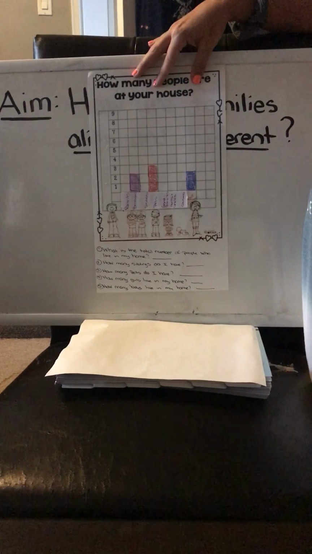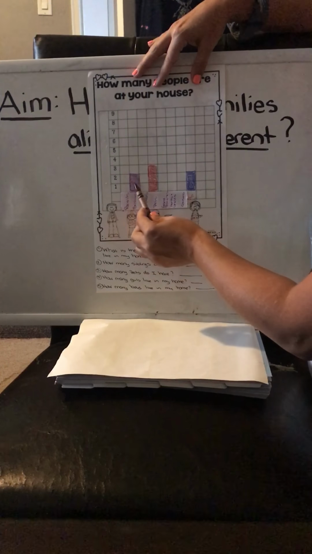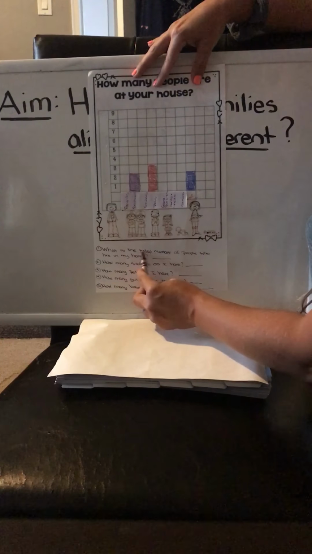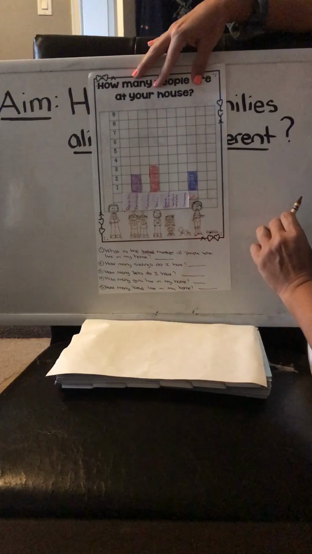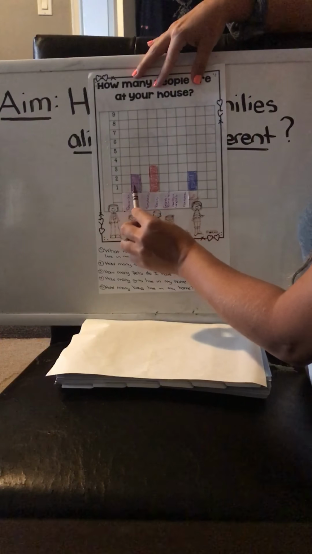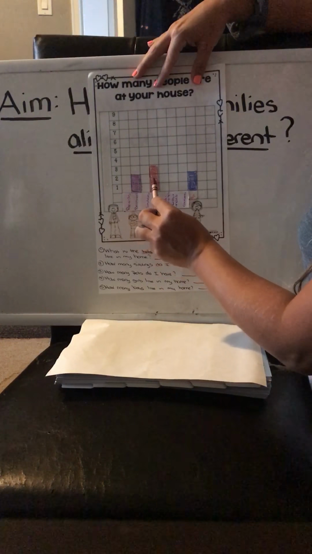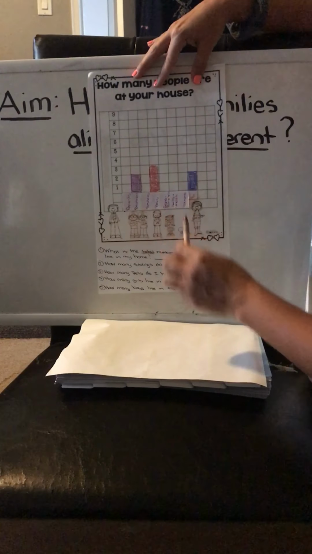The boxes will show us how many people we have all together, right? All together, the total, that means all together, boys and girls, the total number of people that live in our home. So we have 1, 2, 3, 4, 5, 6, 7.